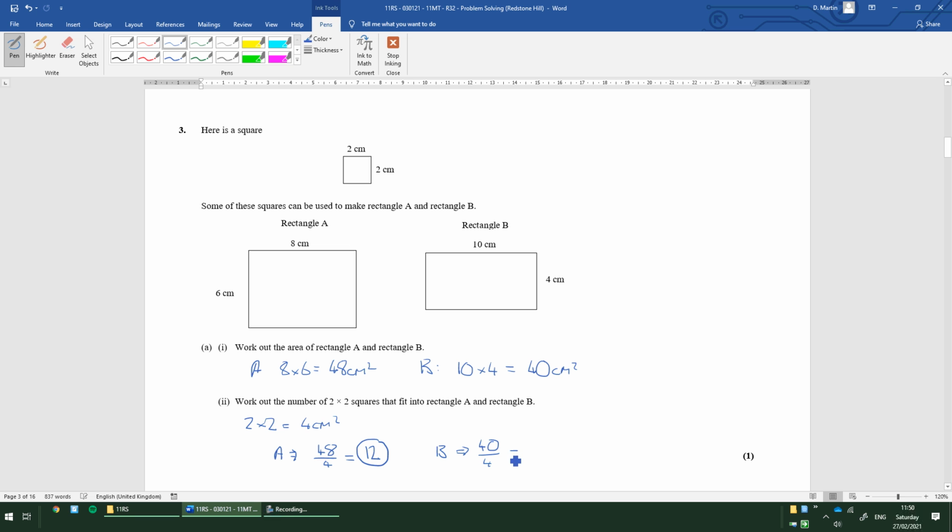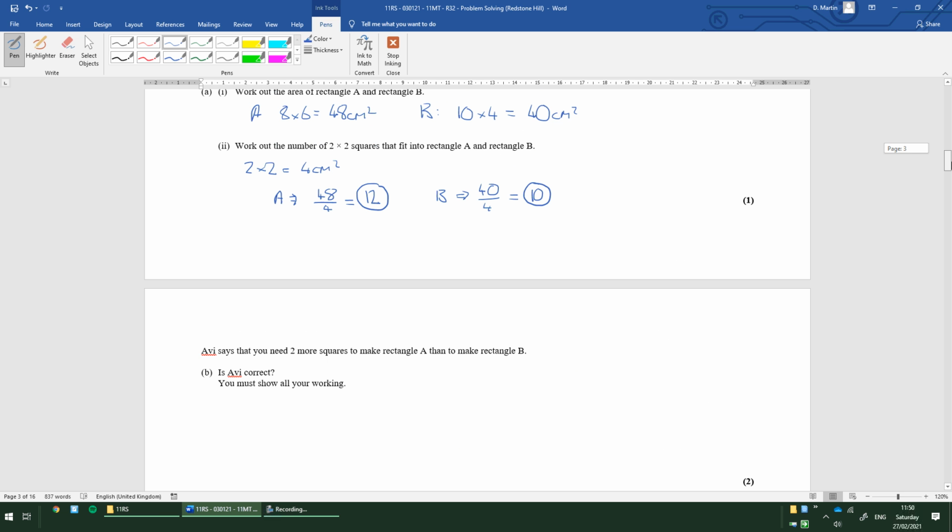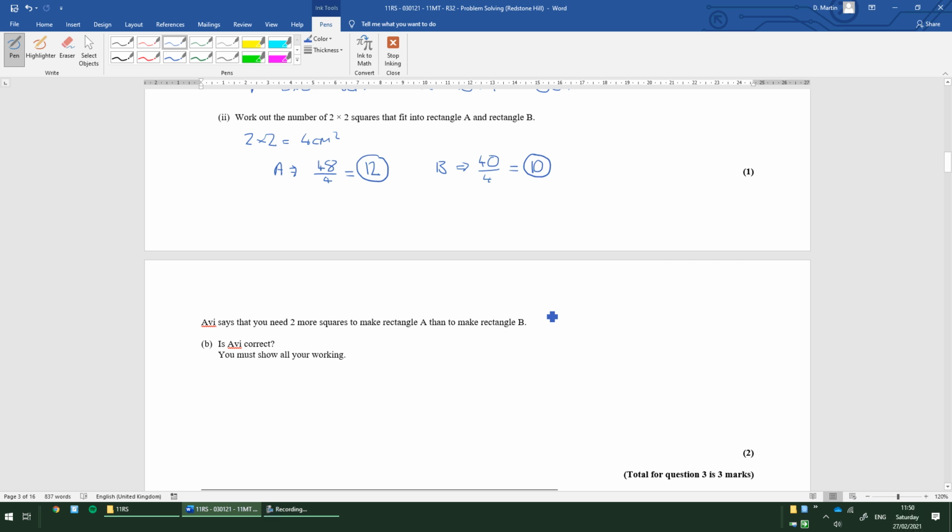So we're going to need 10 to fill up rectangle B. And then Avi says that you need 2 more squares to make rectangle A than to make rectangle B. Is he correct? Yes. To fill that, you need 12 for A and 10 for B.